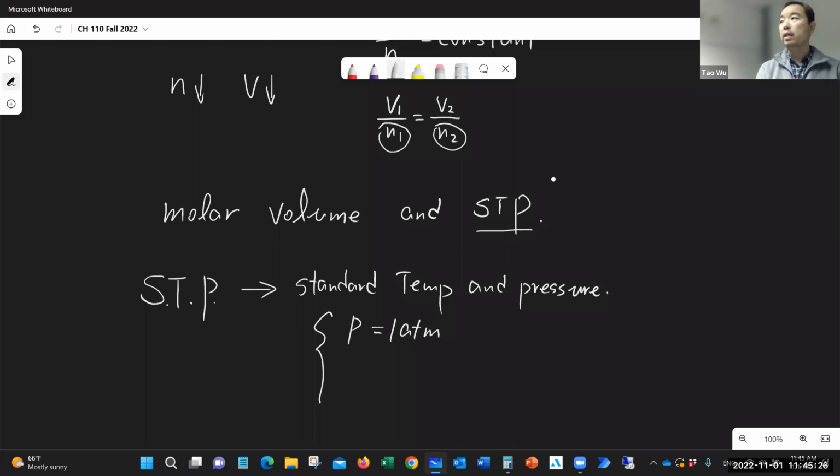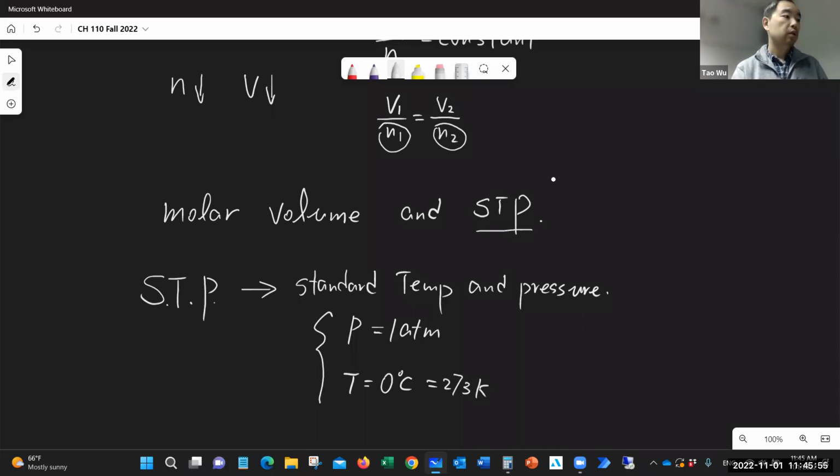But for the gas laws, the temperature at STP is not 25 Celsius. It is 0 Celsius, or 273 Kelvin. That is the huge difference between STP and the standard conditions in thermochemistry.